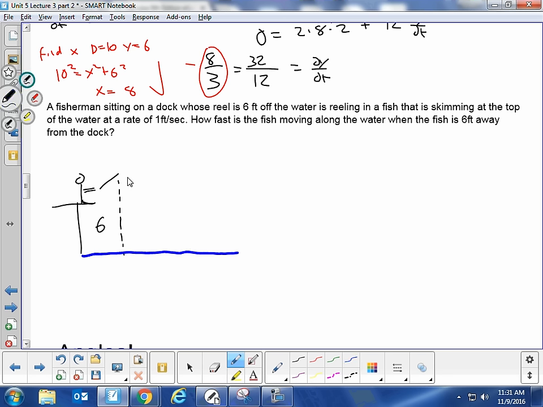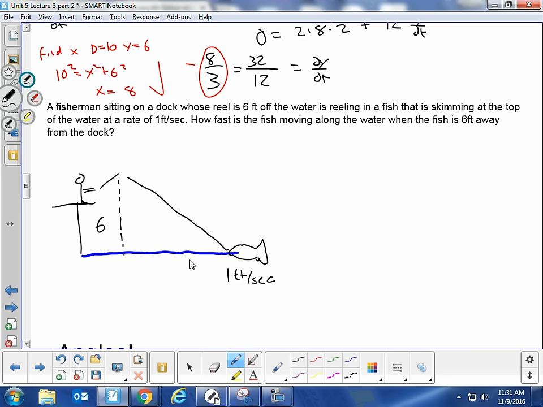And he's reeling in a fish that is skimming at the top of the water at a rate of 1 foot per second. How fast is the fish moving along the water?